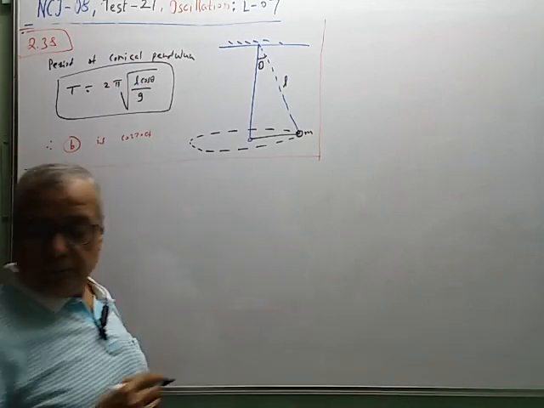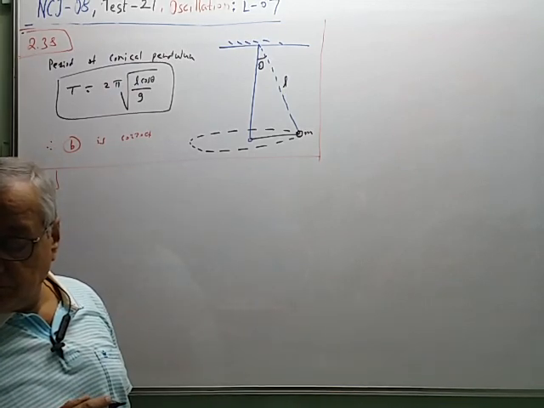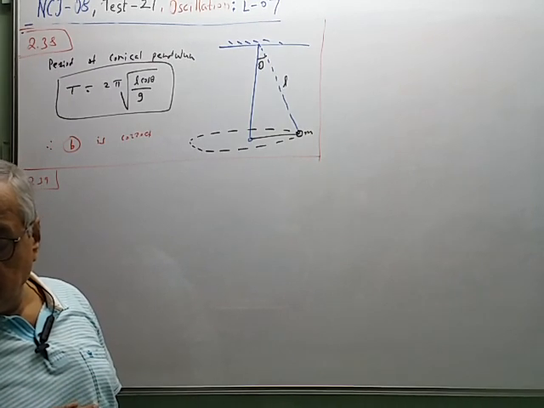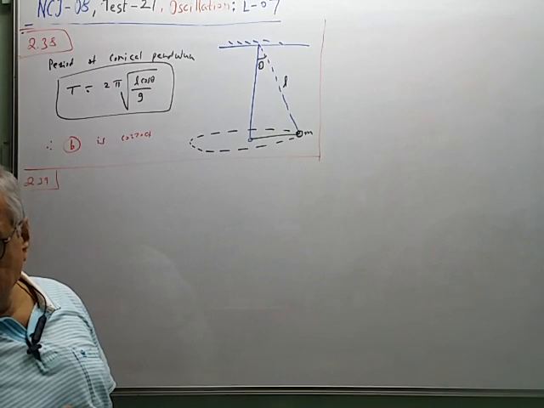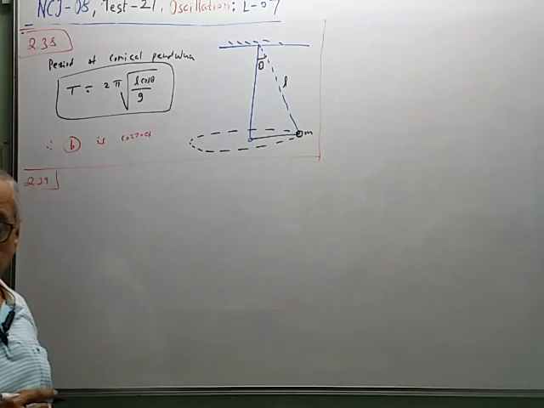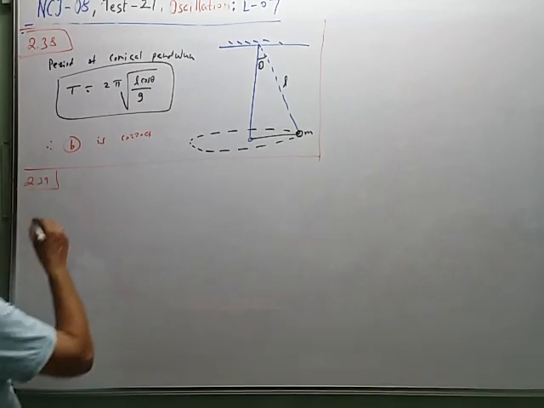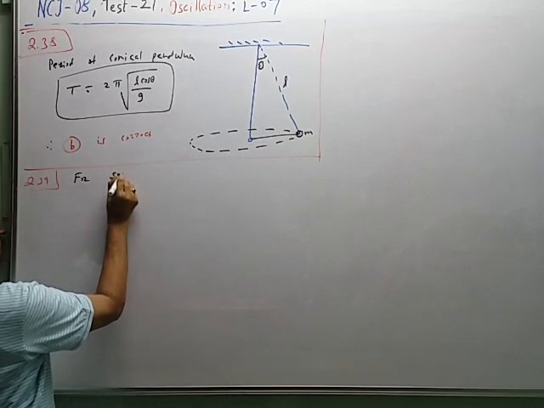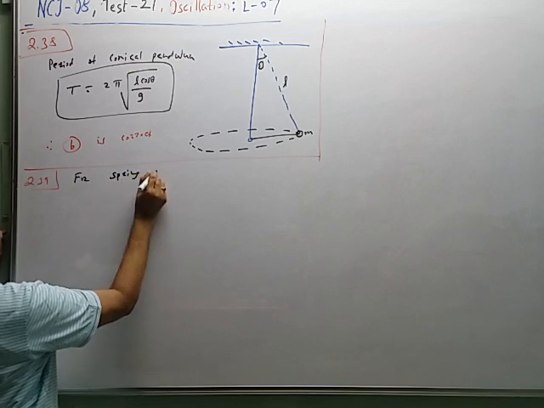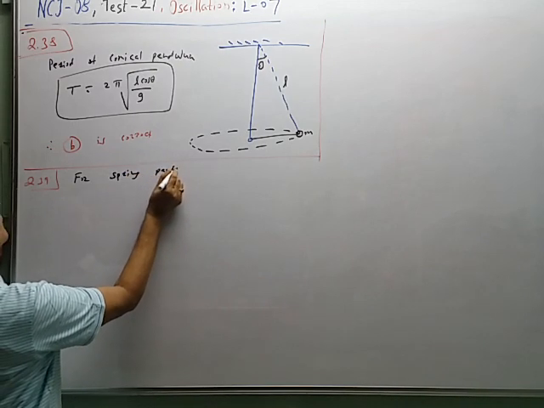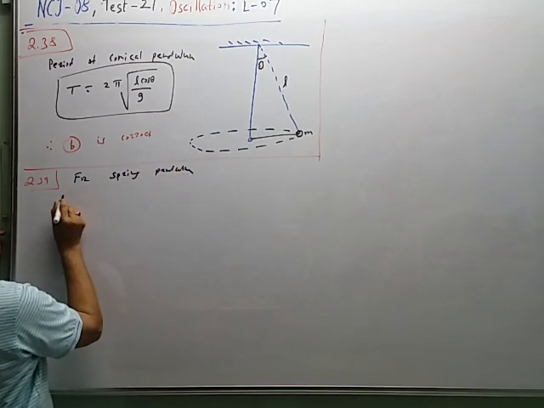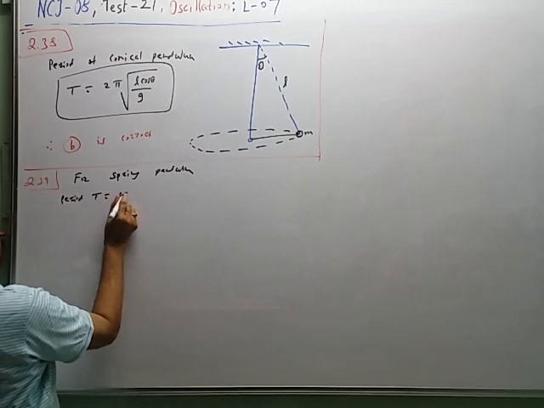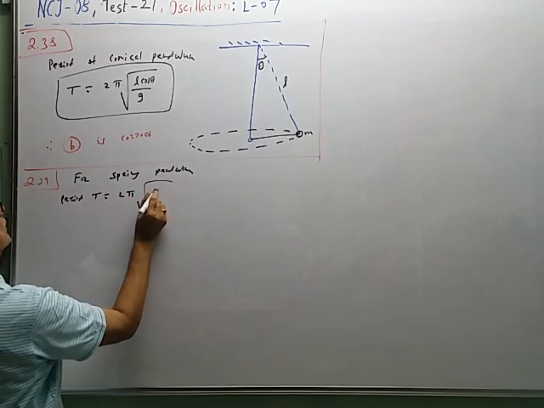So, the mass executes SHM, which means it is a spring pendulum. For a spring pendulum, period capital T is equal to 2 pi multiplied by under root m by k.